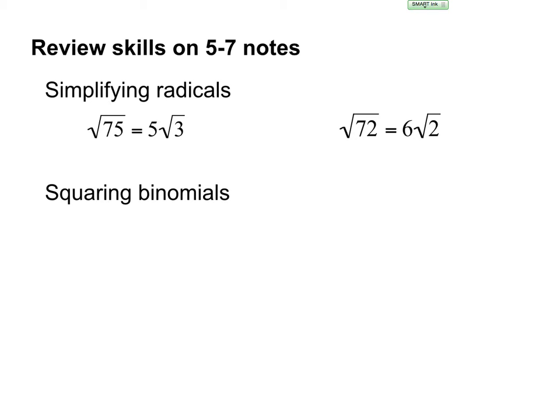All right, there's a second example for you to try. Watch your positives and negatives.